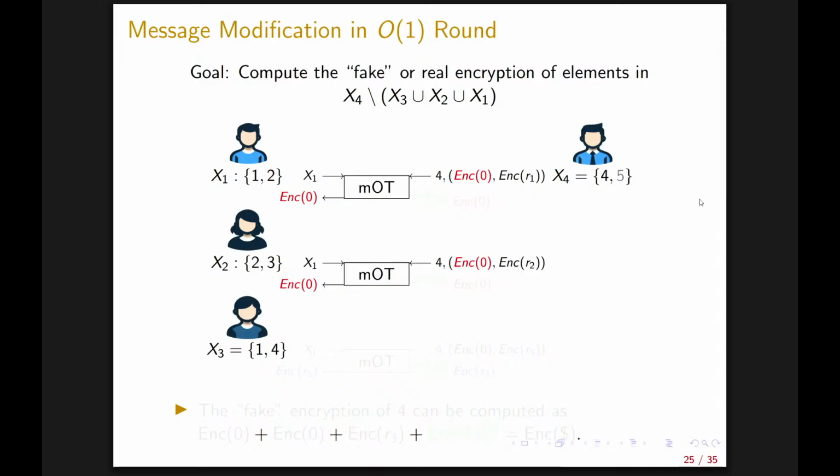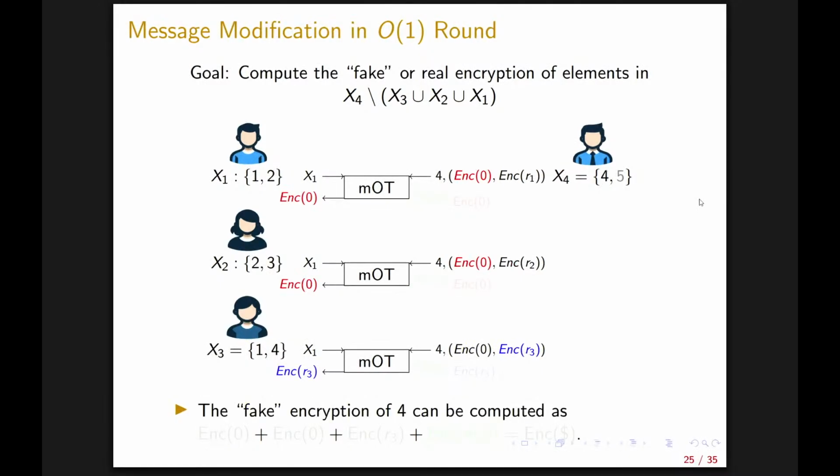You do the same thing for P2. The key point is that because 4 belongs to X3, you get encryption of random. With additive homomorphic encryption, you get encryption of 0 here. You re-randomize it and send it back to P4.